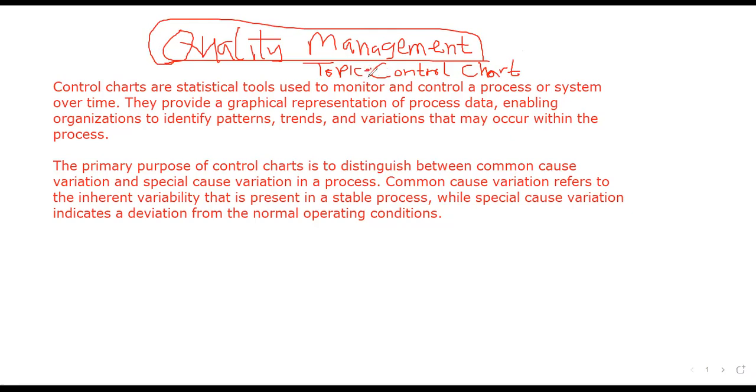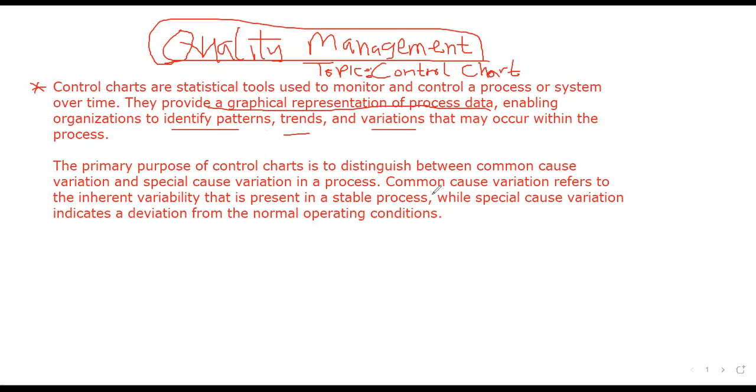Control charts are statistical tools used to monitor and control a process or a system over time. They provide a graphical representation of process data, enabling firms or organizations to identify the patterns, the trends, and the variations that may occur within the process.